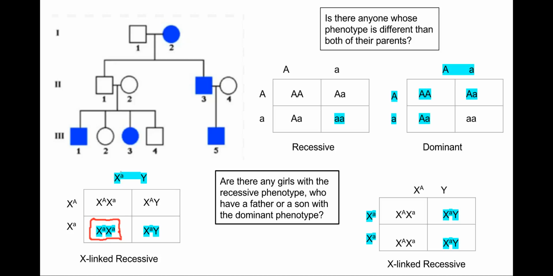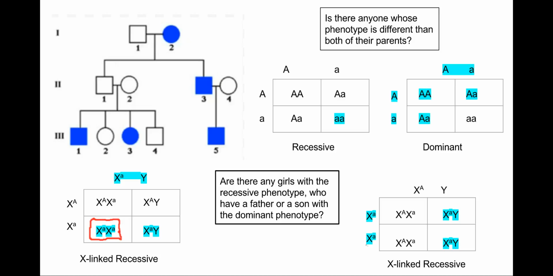If this were X large a, like in this one, it is impossible to have a female that has the trait. So first of all, if there are any females that have the trait whose dads do not, it is not X-linked recessive.